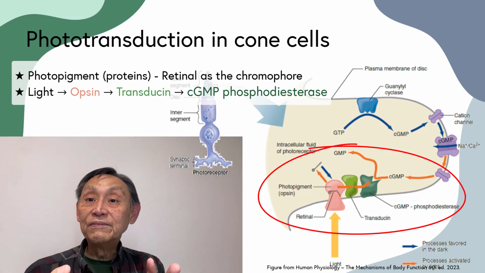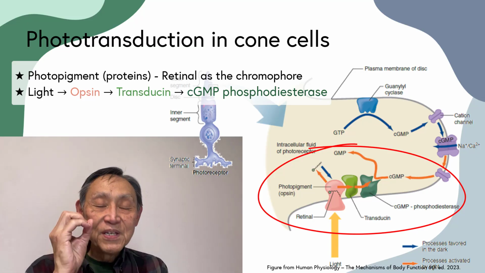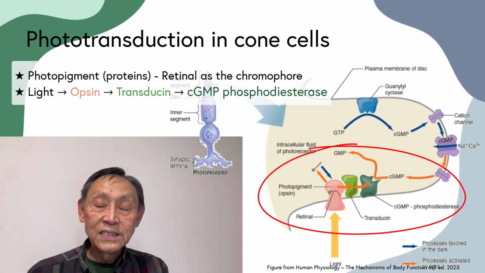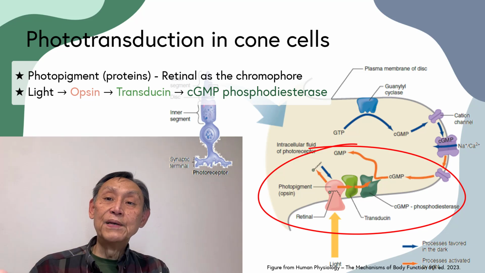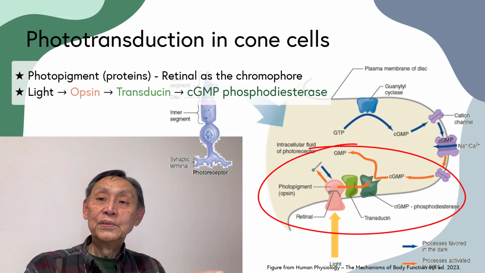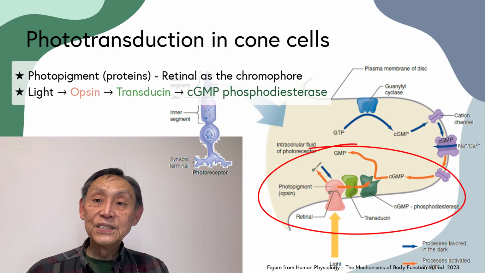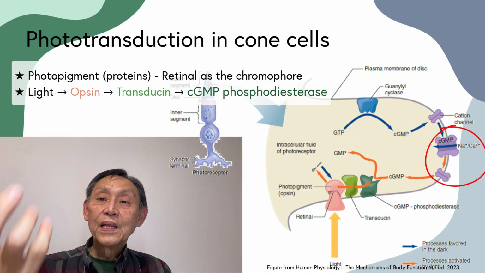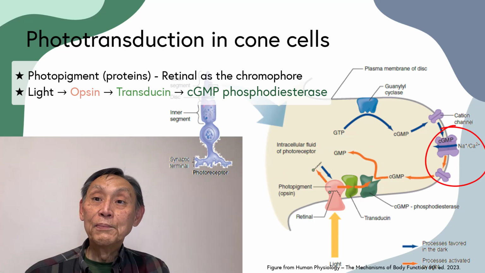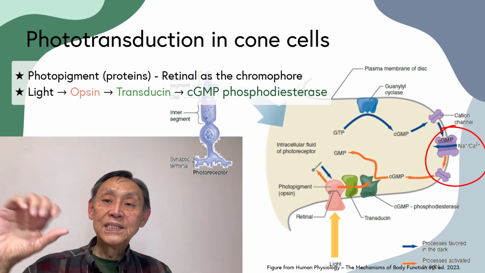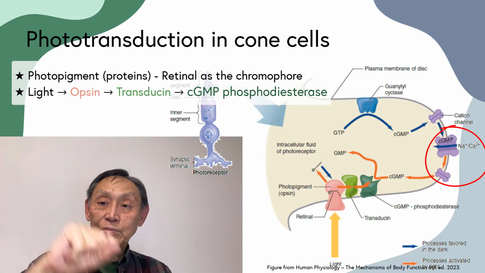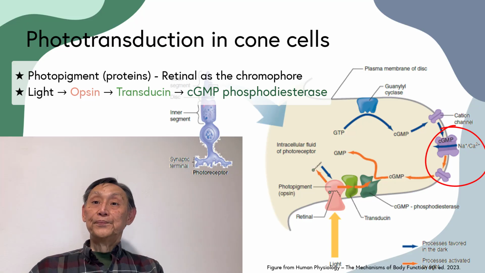It will activate cyclic GMP phosphodiesterase, which converts cyclic GMP to just GMP. So there's no more cyclic GMP, and the cation channel will be closed. The membrane will stay quiet, will not be depolarized, will be repolarized.